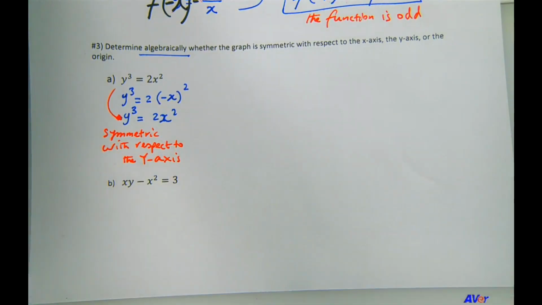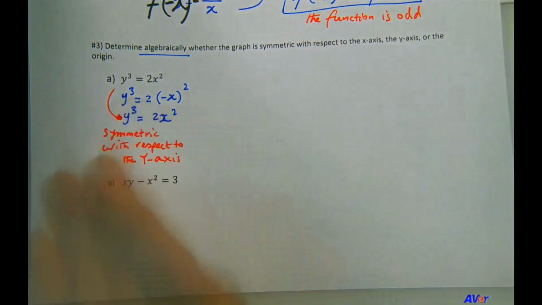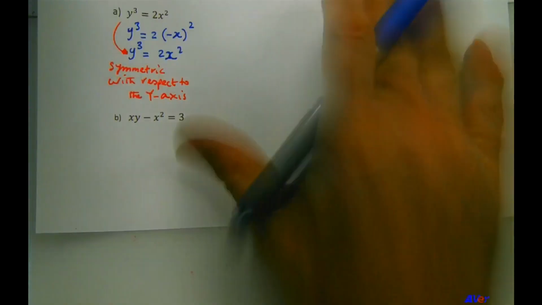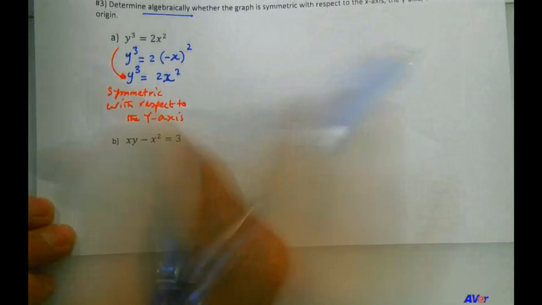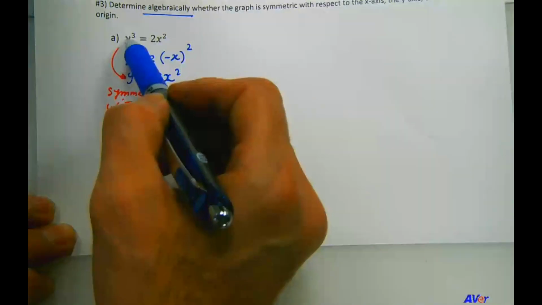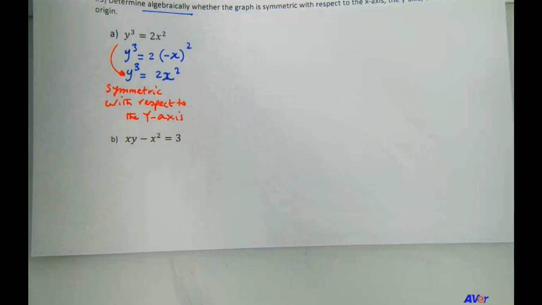Okay. Now, on the other hand, if you replace y with negative y, do you get the same function? No. So this equation is not symmetric with respect to the x-axis. Okay. So as you do this, ahead of time, visually plug minus x, plug minus y into these variables, and with your mind see what happens if you do that.